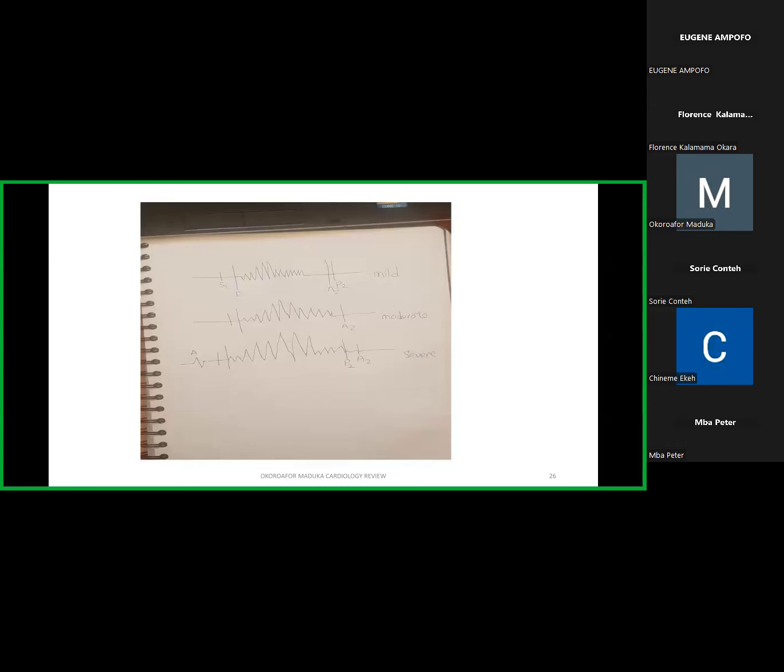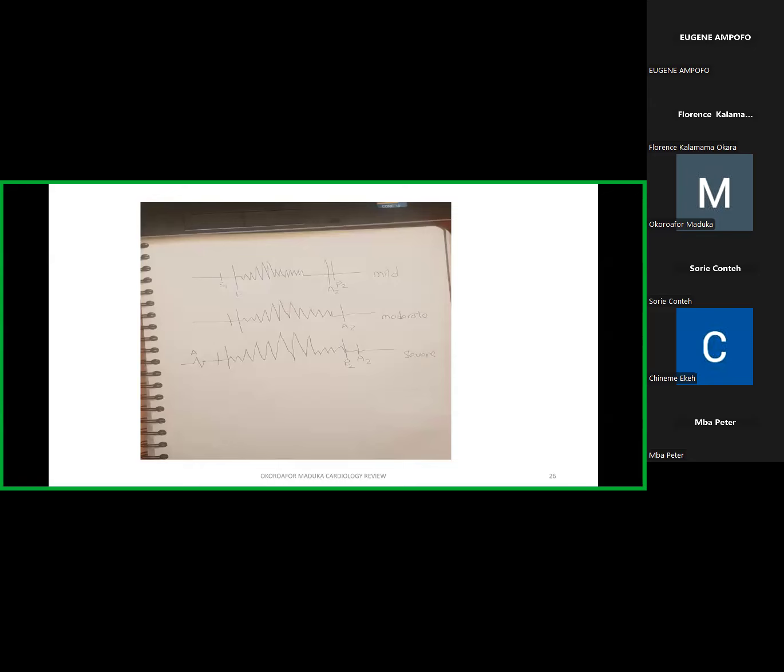So this is what I tried to explain when I talked about the paradoxical split. Usually the aortic valve will close first. We hear the S2 sound, and there are two components, the A2 and the P2. The A2 typically closes first, followed by the P2.